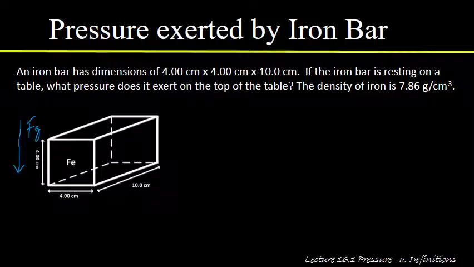And if it's sitting on a table, that force is going to exert a force on the tabletop, and that force will be transferred through the area in which they're making contact. Right? So if we want to determine the pressure that this bar exerts on the tabletop, that pressure is the force divided by the area.